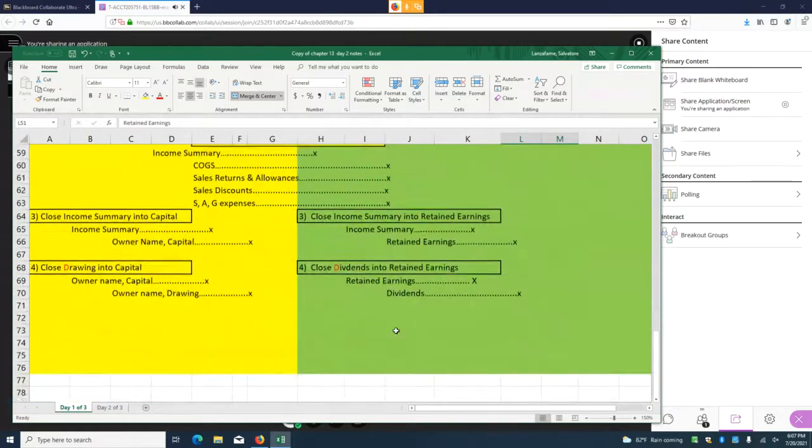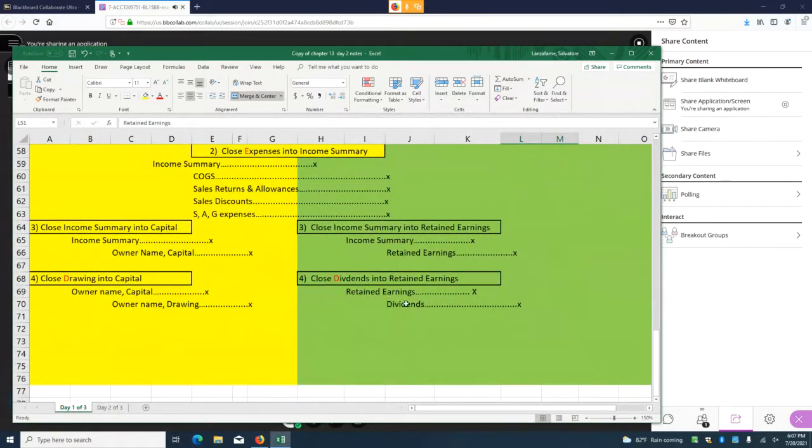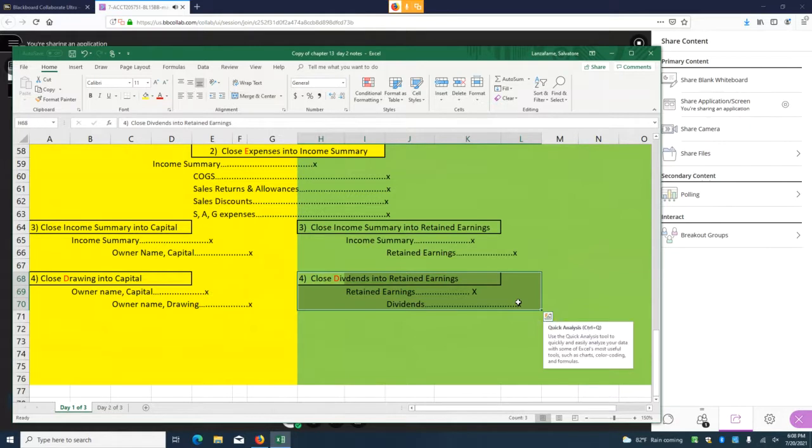So you see here we have dividends being closed out into retained earnings. There is a way for corporations to avoid closing entry number 4 completely. And the way they can eliminate it completely is if they never create a dividends account to begin with.